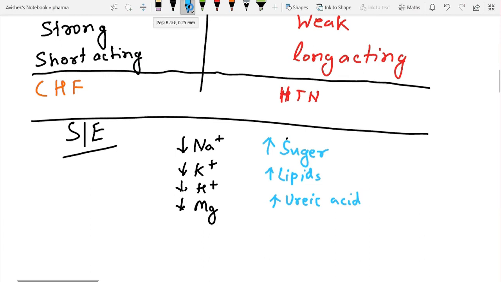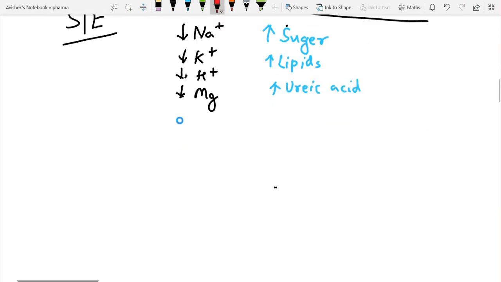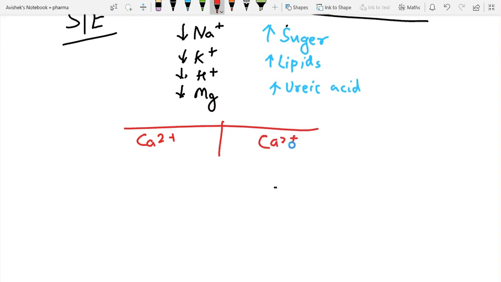But both of them have different actions on calcium. What are the different actions on calcium? Remember, L for loop, lose; thiazides gain.